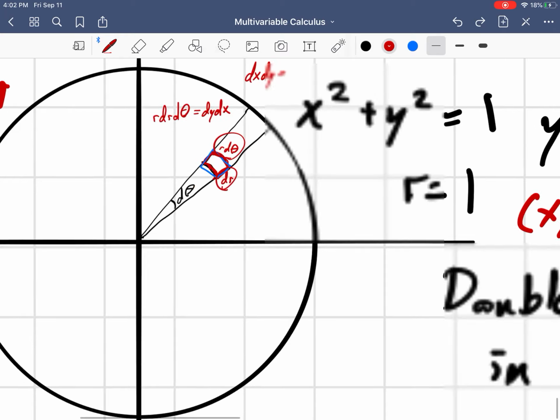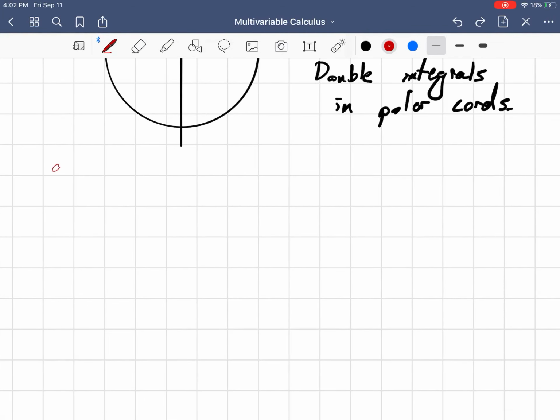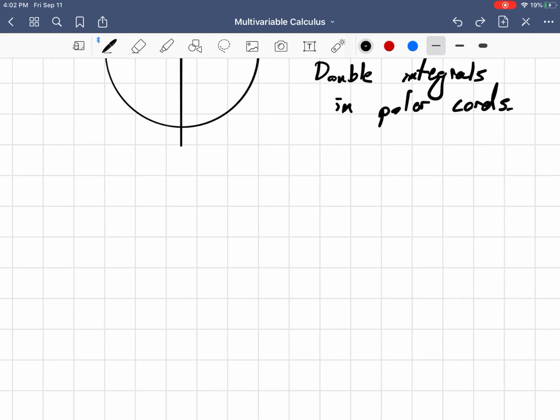So now that we have that dx dy is r dr d theta in a non-rigorous sense, why not rigorify it?